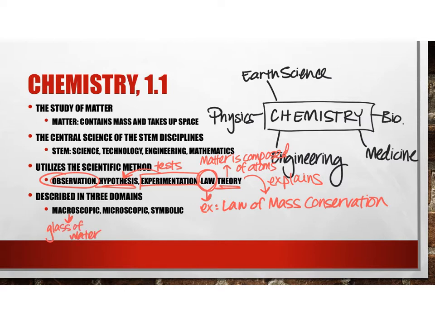Microscopic domain would be something like a bacterial cell. Symbolic domain is something that represents these other domains, something like a chemical symbol, Ag, which stands for silver. Okay, let's move on to our next slide.